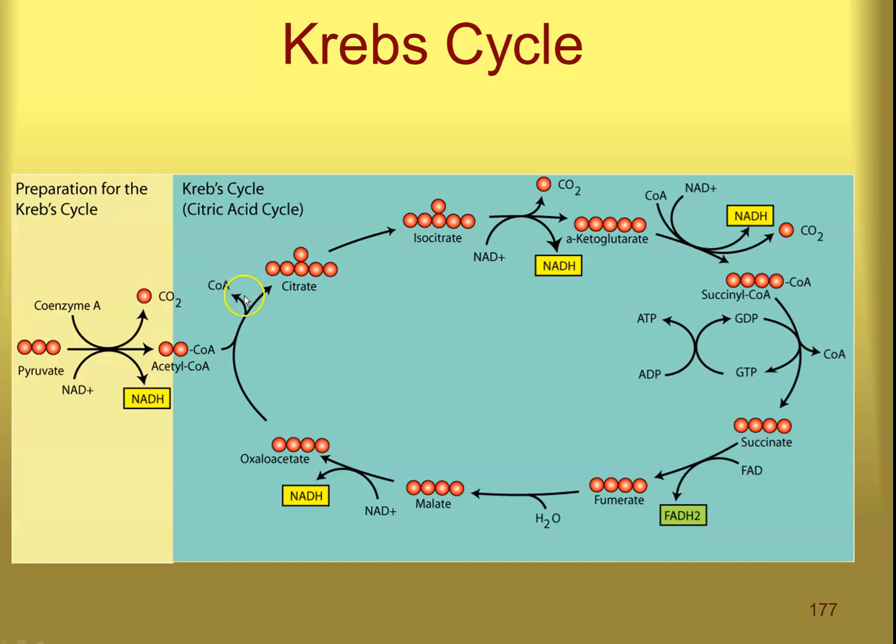So for 1 glucose molecule, again, the Krebs cycle has to go around twice to produce 6 carbon dioxides. 1, 2, 3 times 2 pyruvates, 6 carbon dioxides. And again, that's all we need to cover about the Krebs cycle.